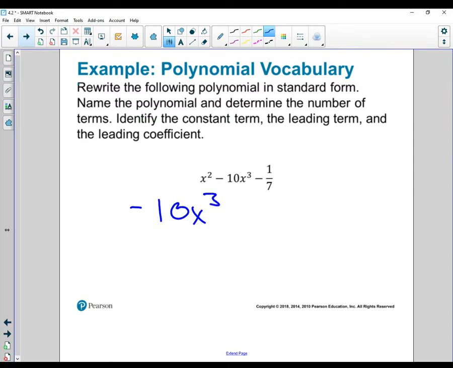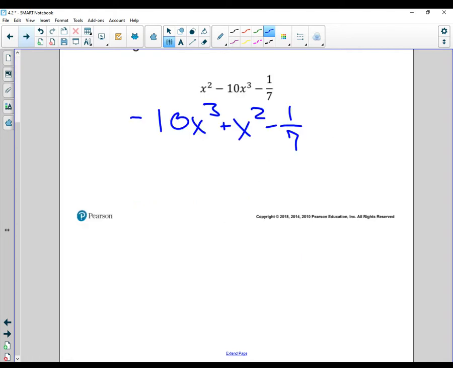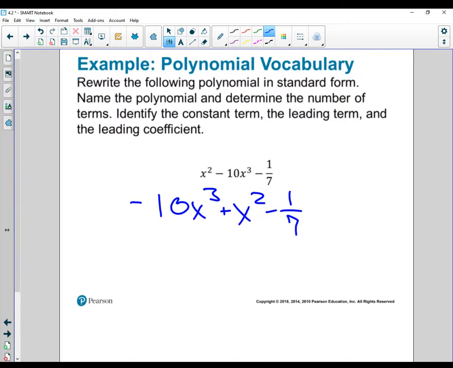In standard form, highest to lowest. What kind of polynomial is it? Cubic, because the highest is to the third. How many terms? 3. What's another name for a polynomial with 3 terms? Trinomial.